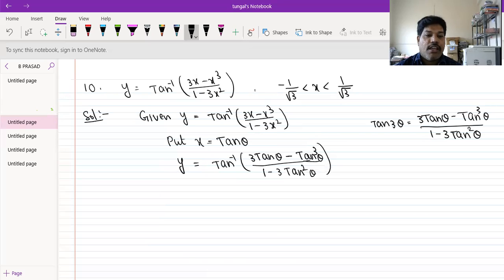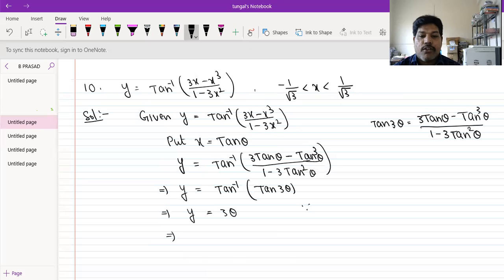Use this formula here. So what we will get, students, is y is equal to tan inverse of tan 3 theta. Here tan and tan inverse will be cancelled. We get y is equal to 3 theta.